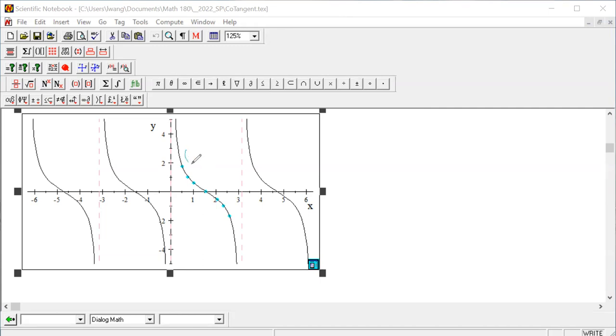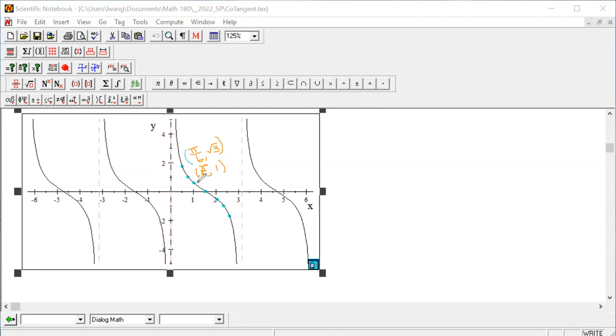This point is the gold color. The arc length is pi over 6, and the cotangent output ratio is √3. And that point, pi over 4, comma 1.